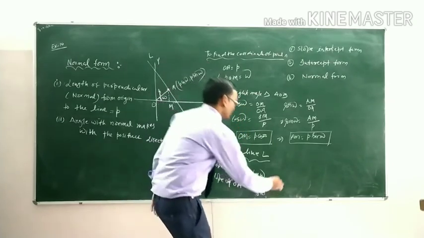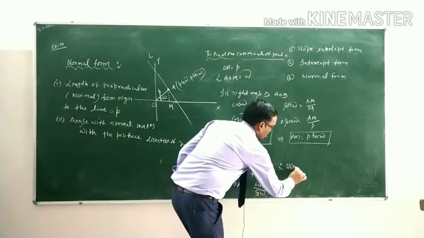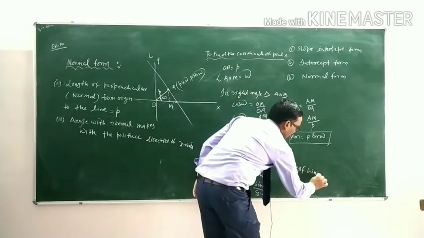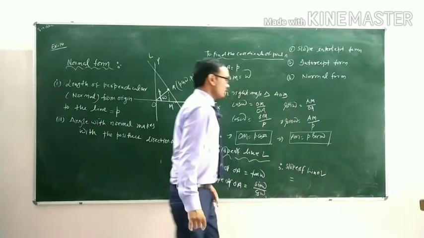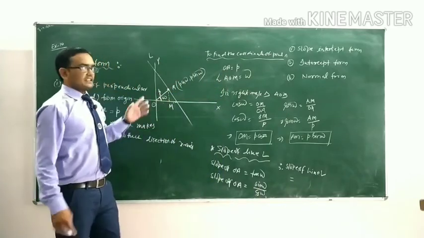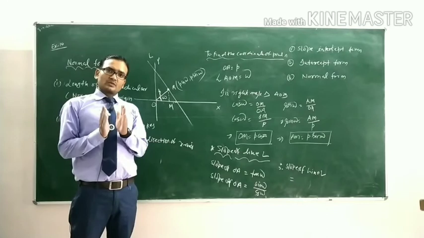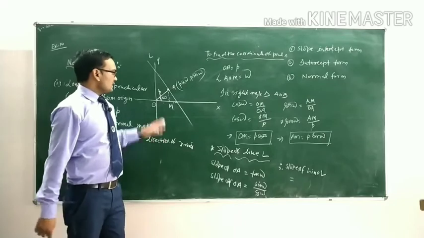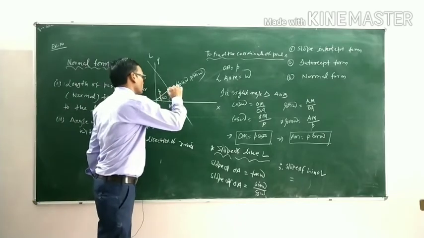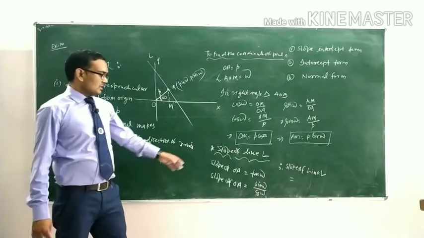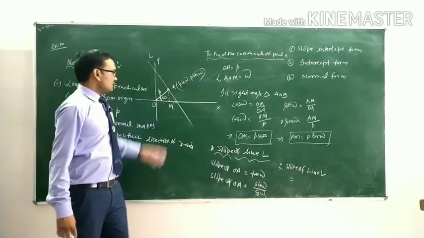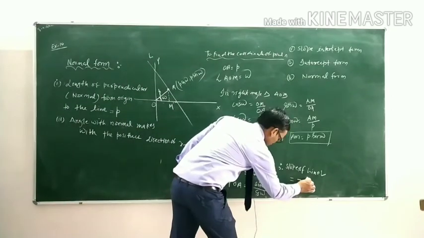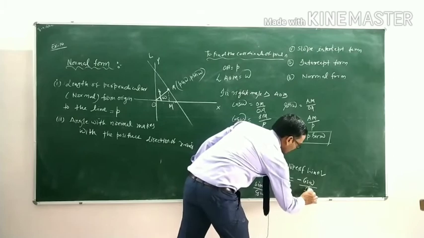Therefore the slope of line L is equal to, two lines are perpendicular, then their slopes are negative reciprocal to each other. Here if the slope of line segment OA is sin omega upon cos omega, then the slope of line L is minus cos omega upon sin omega.